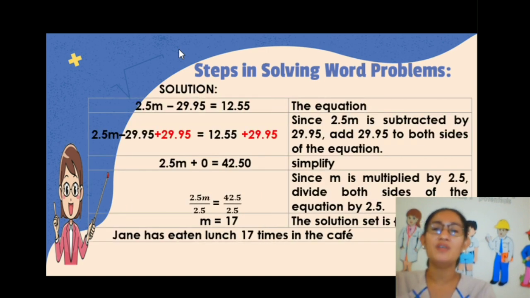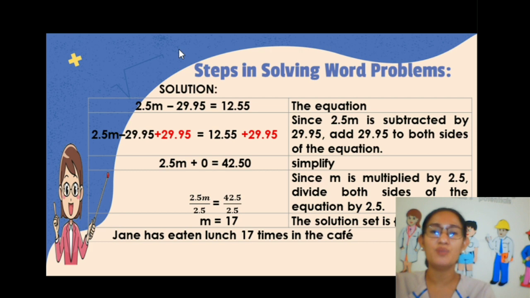Solution. Our equation is 2.5 M minus 29.95 equals 12.55. Since 2.5 M is subtracted by 29.95, add 29.95 to both sides of the equation. Simplify the equation.